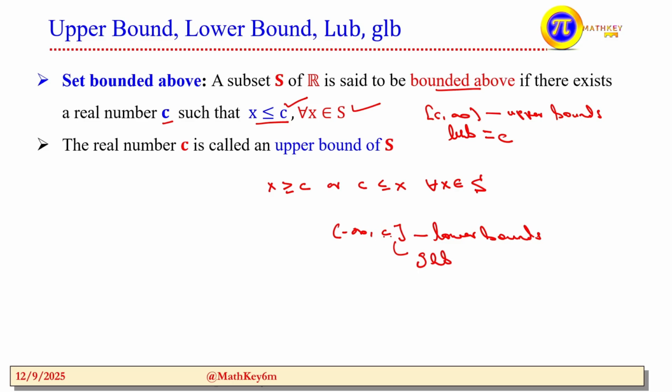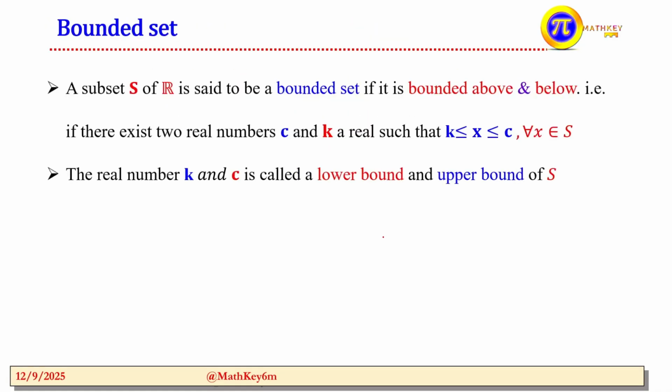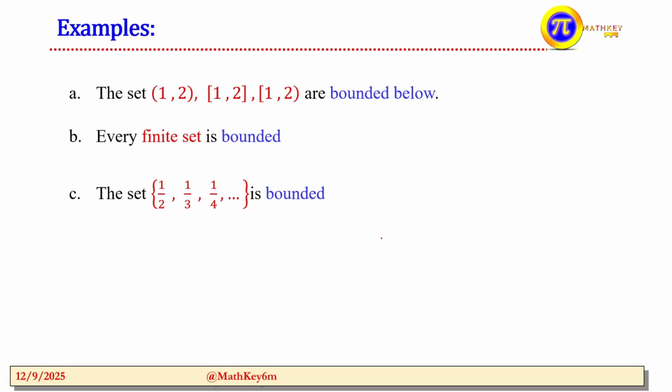So in this case, we try to derive or find the greatest lower bound and least upper bound of the given set S, which is a subset of R. You can consider these intervals. Here it says 1 to 2, open interval, closed interval, half closed interval, closed open interval. In both cases, these are bounded below as well as bounded above.